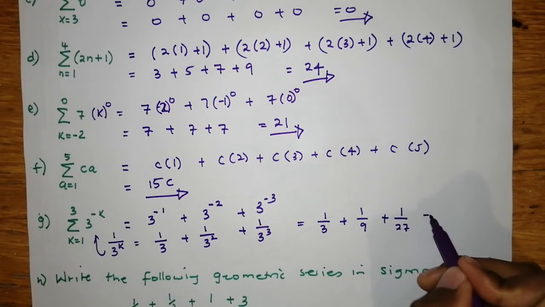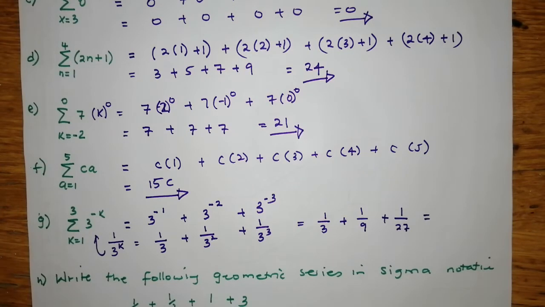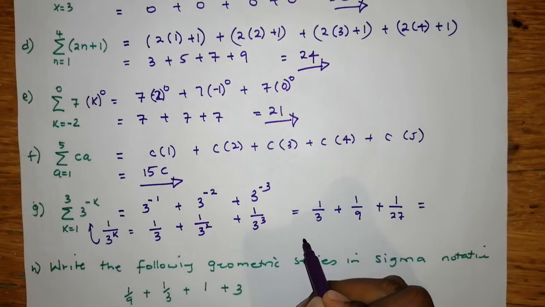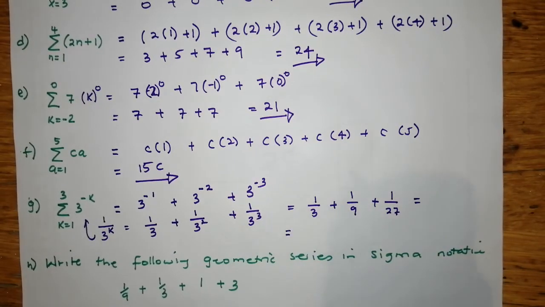I think you can use your calculator there to find this. Lest I embarrass myself any further, just use your calculator to get this. Or let me just take it the old school way.